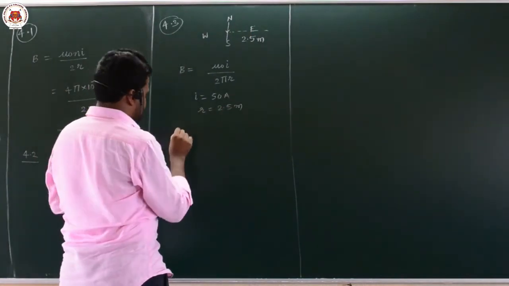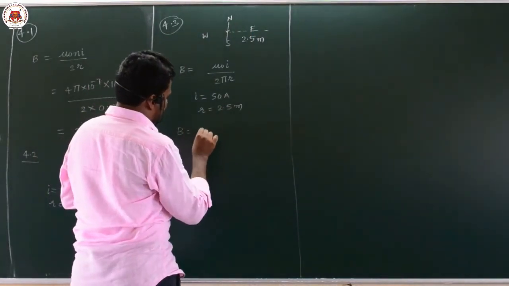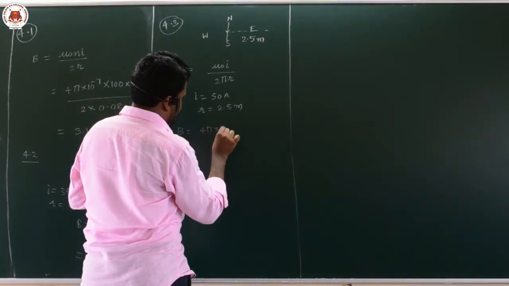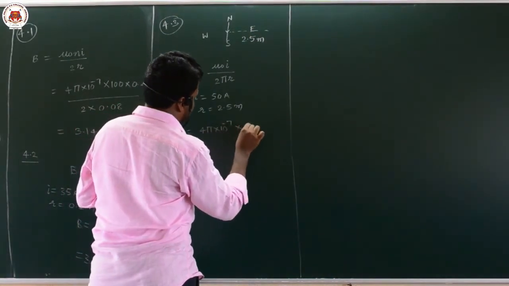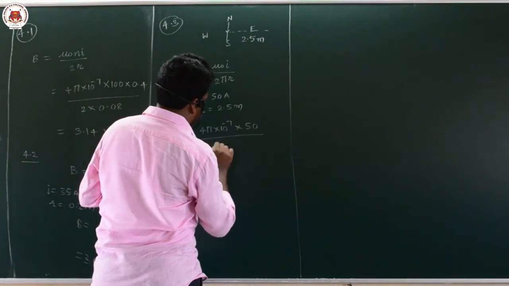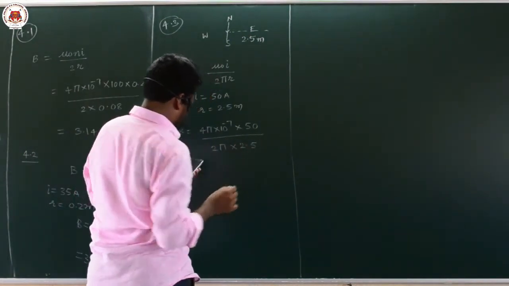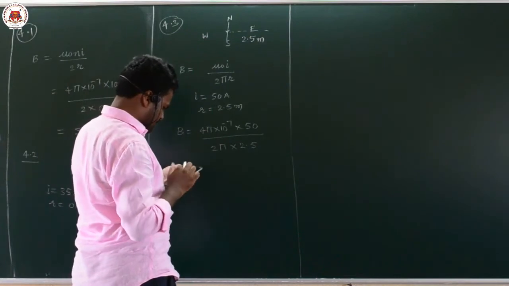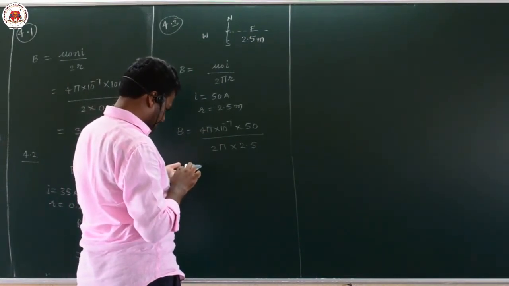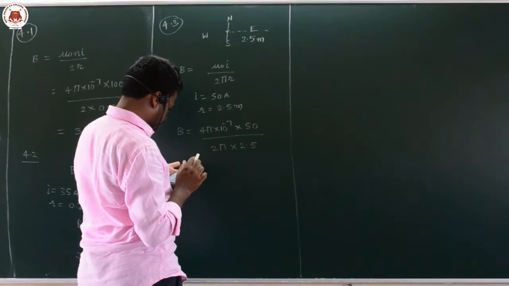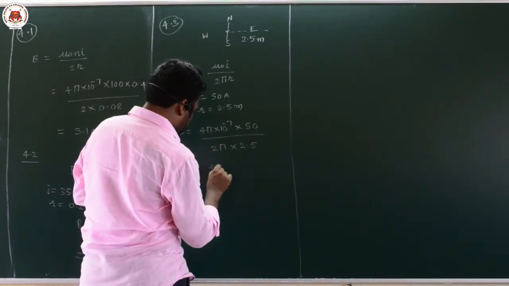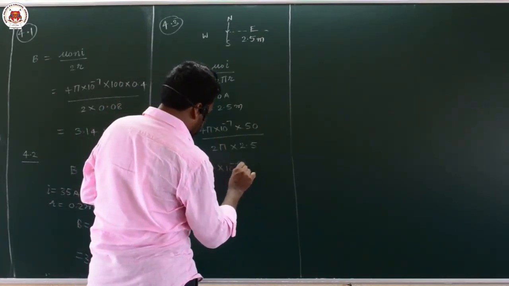B is equal to mu naught, which is 4 pi into 10 to the power of minus 7, current 50, divided by 2 pi into 2.5. If you solve this, just do the multiplication and division, you will get 4 into 10 to the power of minus 6 Tesla.